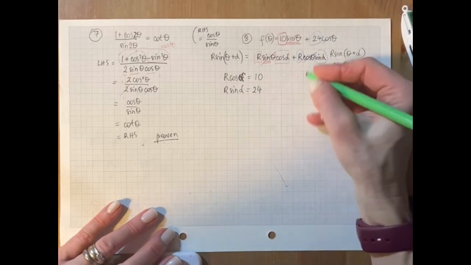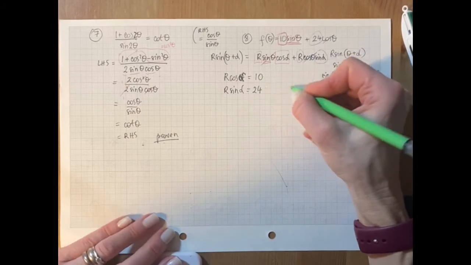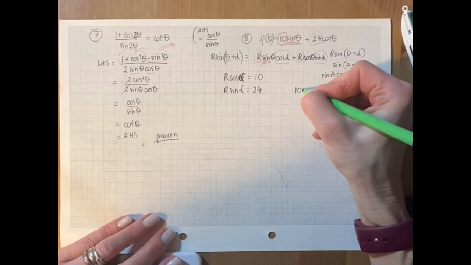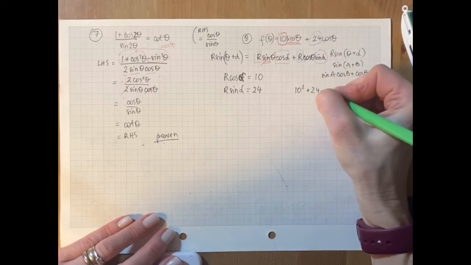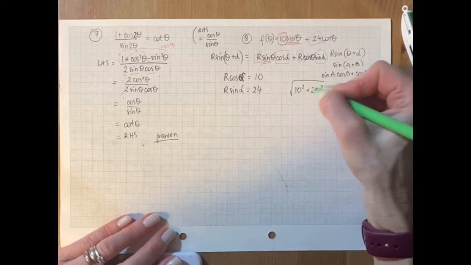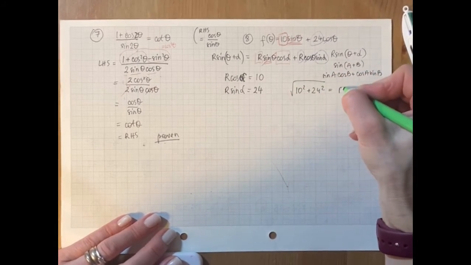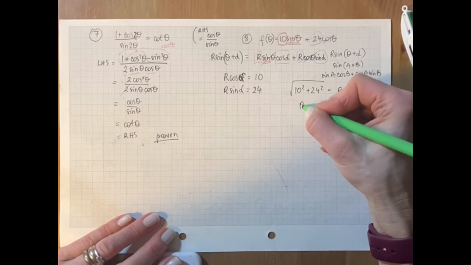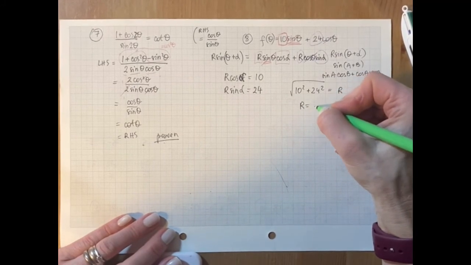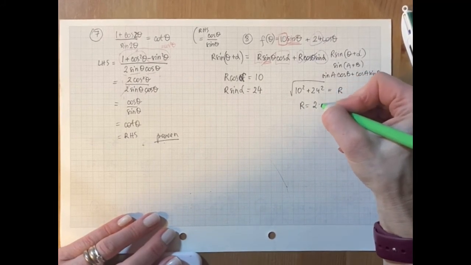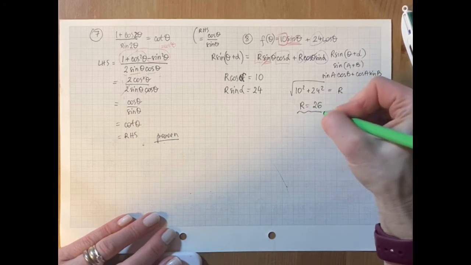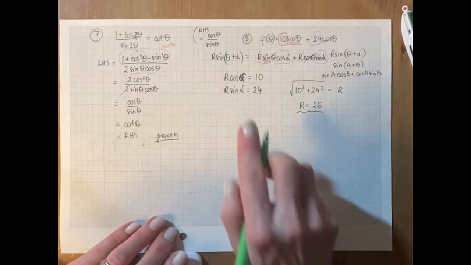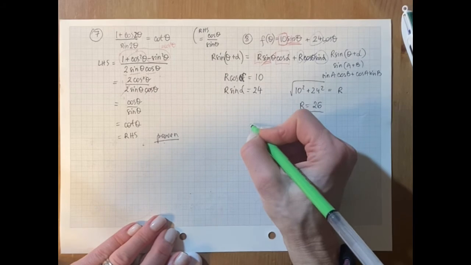So from this, you always use Pythagoras, squaring these together and adding those coefficients. That will give me the value of r. So I think it's going to be the Pythagorean triple, 26. There you go.